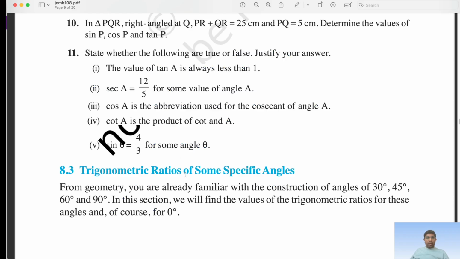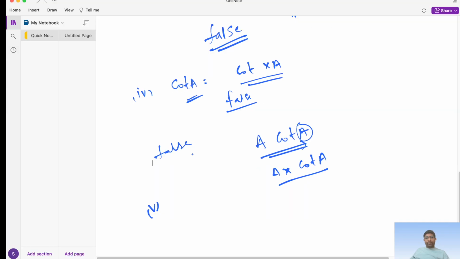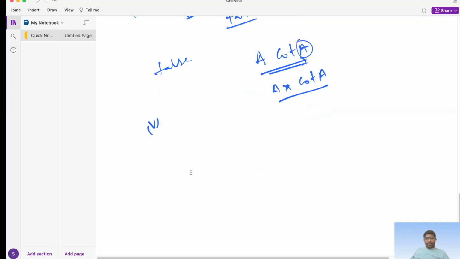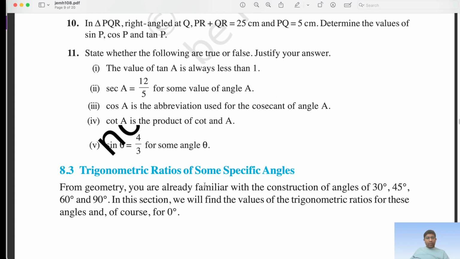Next, sin theta is equal to 4 by 3 for some angle theta. Let's draw the right angle triangle ABC, and this is theta. Sin theta is 4 by 3.